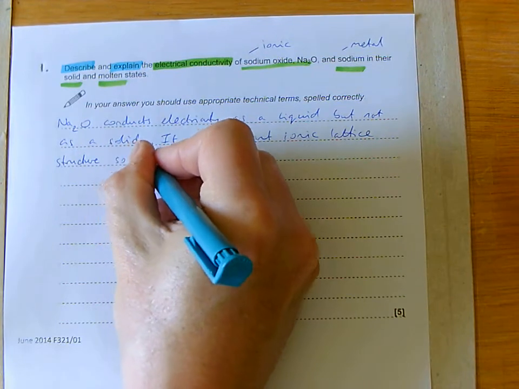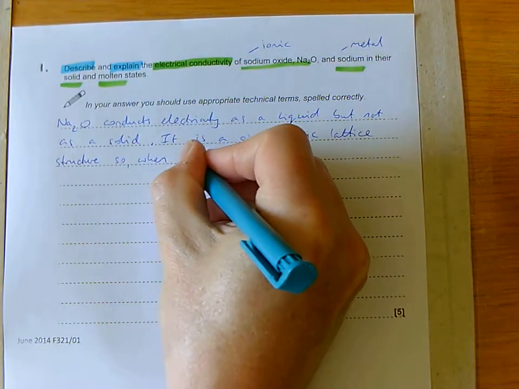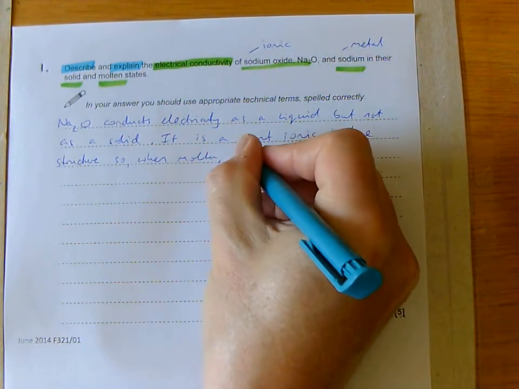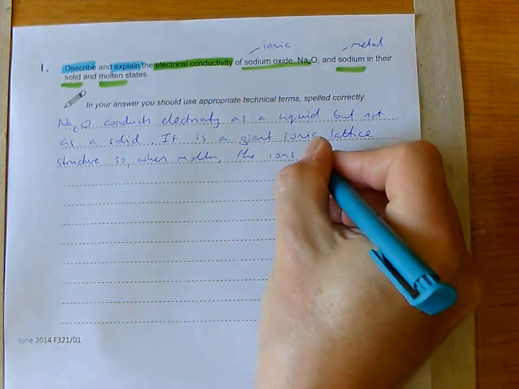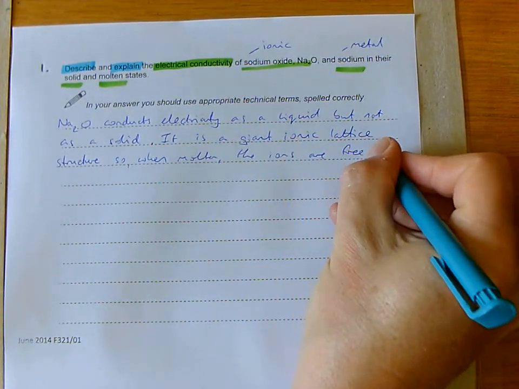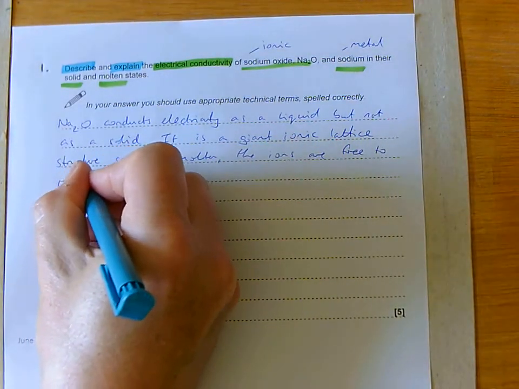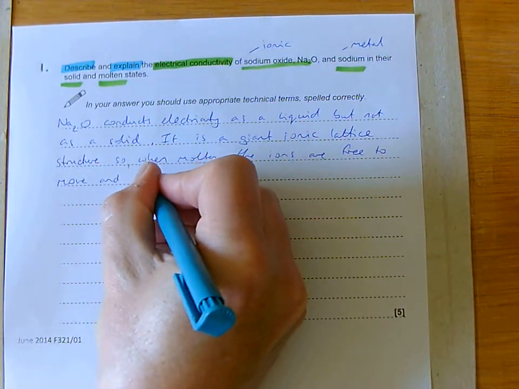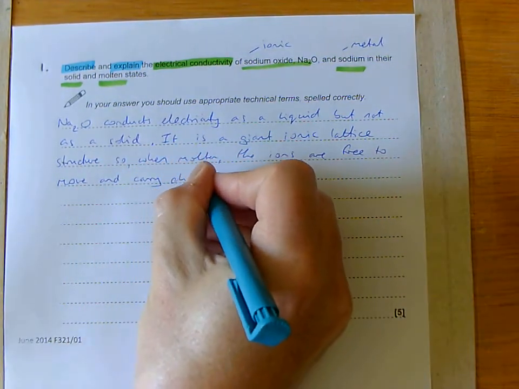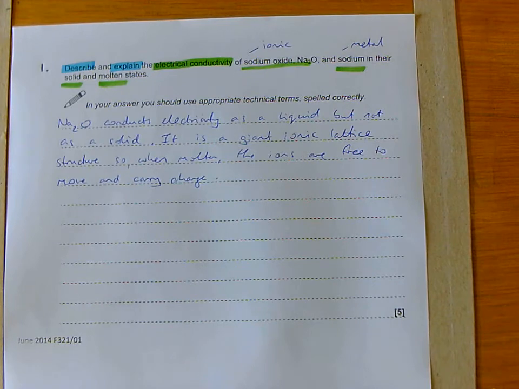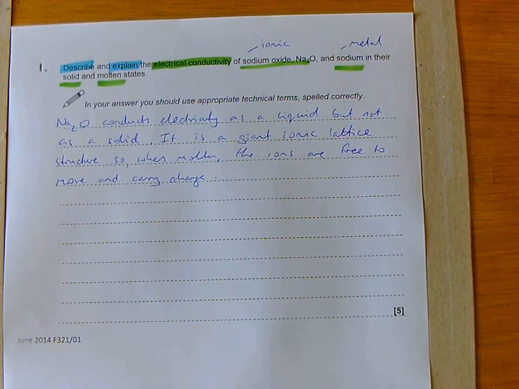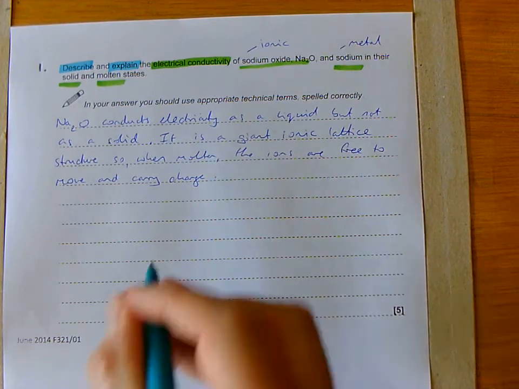So when molten, the ions are free to move and carry charge. I've only really explained there why it conducts as liquid, and it's important that I go on and talk about why it can't conduct as a solid.